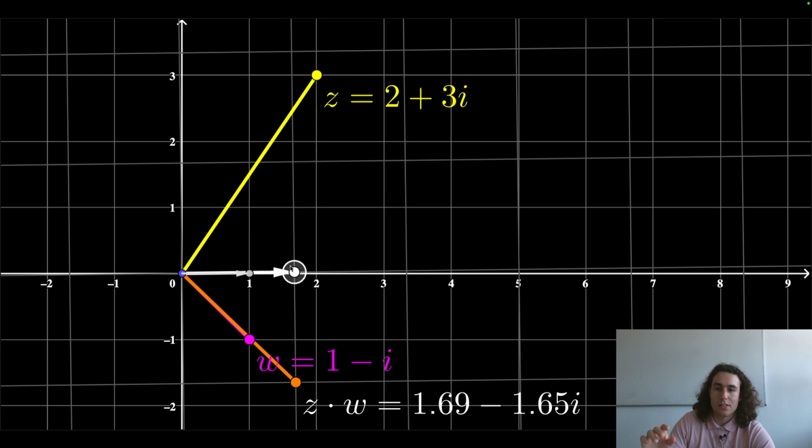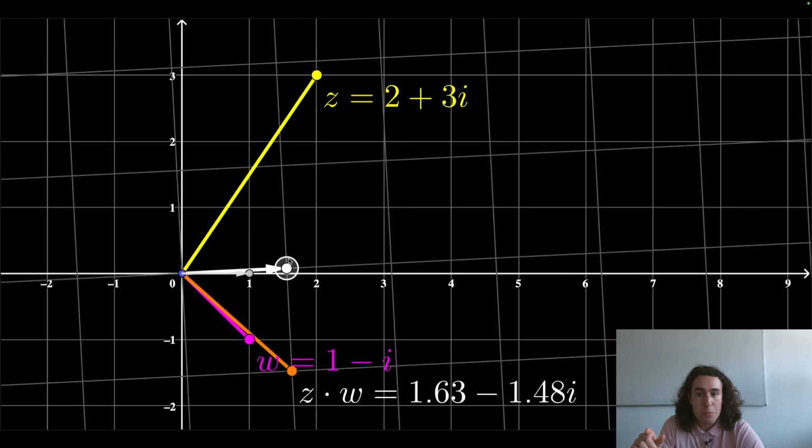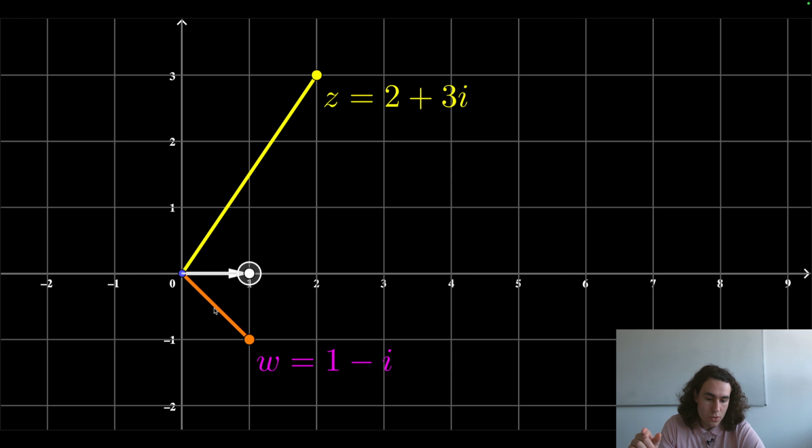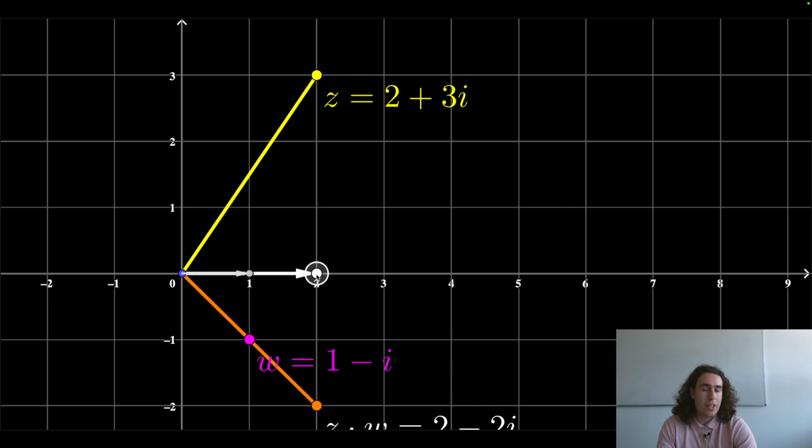So I have this lattice, and I multiply the whole lattice. And I have this specific number, 1 minus i, that will show how it's changed when I multiply it by something. So for example, if I multiply just by a real number, it just scales everything by a factor of 2.